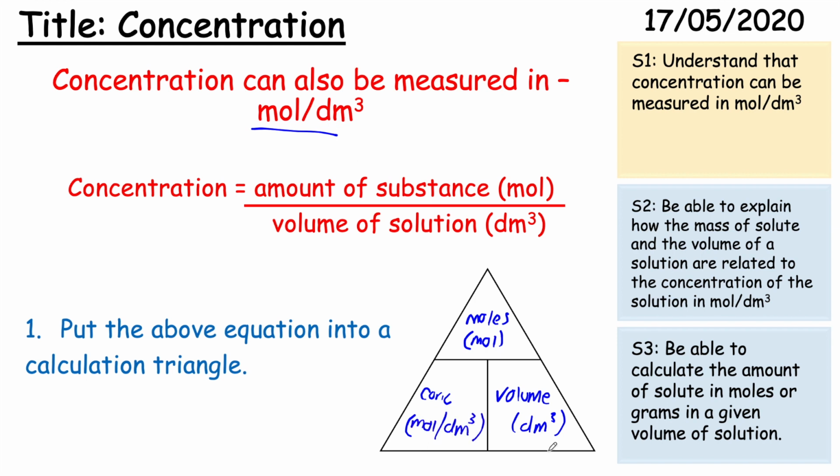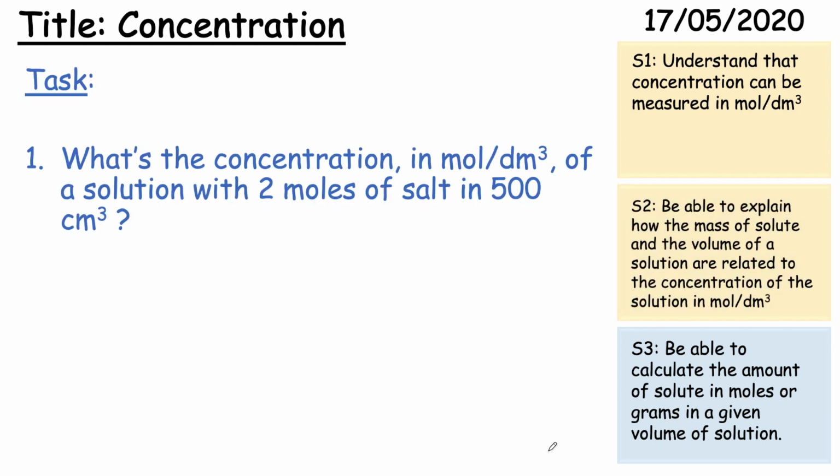Now let's have a go at putting this into practice. So the first question says, what's the concentration in moles per decimeter cubed of a solution with 2 moles of salt in 500 centimeters cubed? Now if you remember your calculation triangle, you should be able to do this. You know that in order to get concentration, it is moles divided by volume.